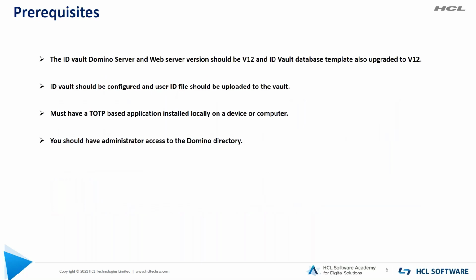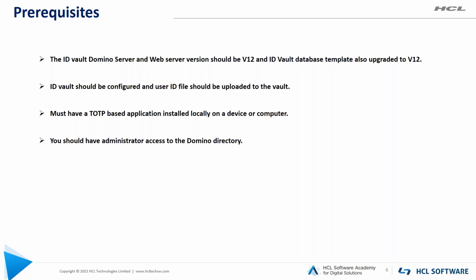So let's look into the prerequisites to configure multi-factor authentication. First, your Domino server version should be V12. This includes your Vault server as well as web servers. ID Vault should be configured and the user's ID file should be uploaded to the Vault database. The ID Vault database template should be V12.